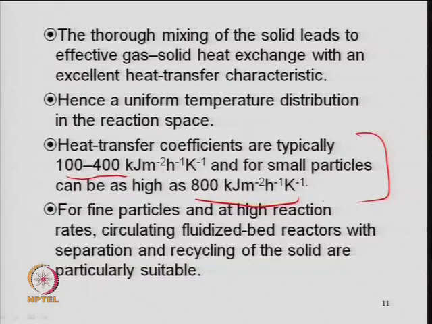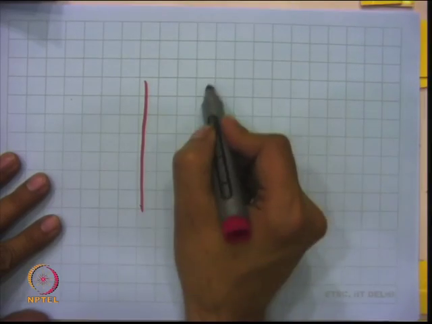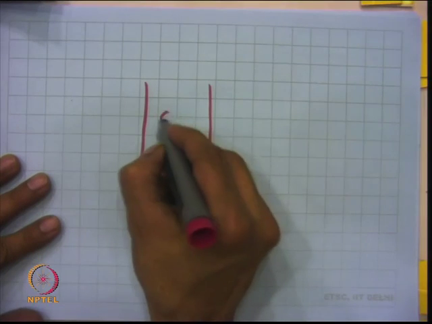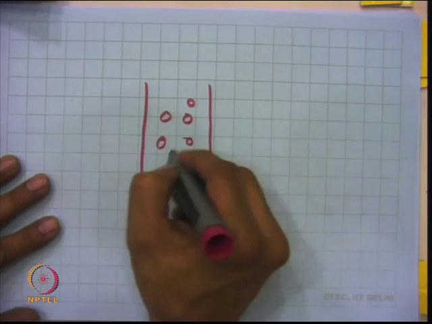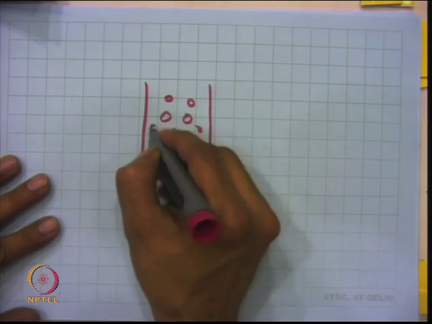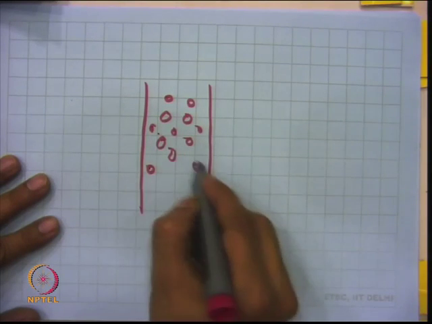So, for fine particles and high reaction rates, a circulating fluidized bed reactor, with separation and recycling of the solids, is particularly suitable. So, as I said, in the case of a fluidized bed reactor, you generally have a bed of the solid, like this, the particles are in suspended form, and the reactant gas.